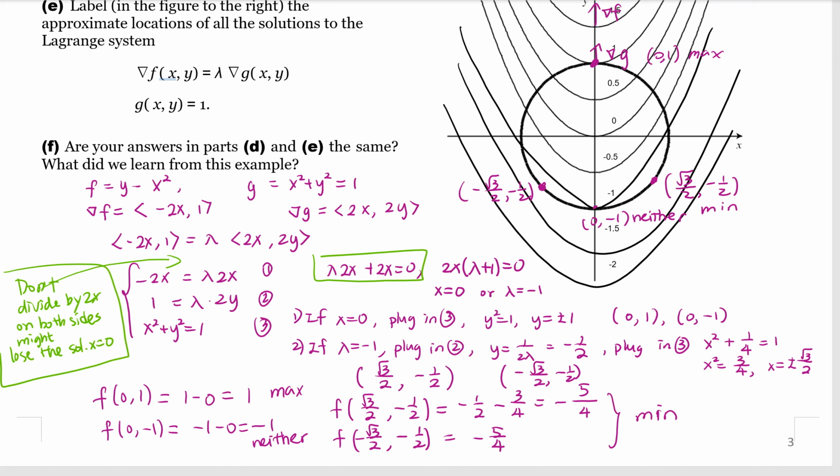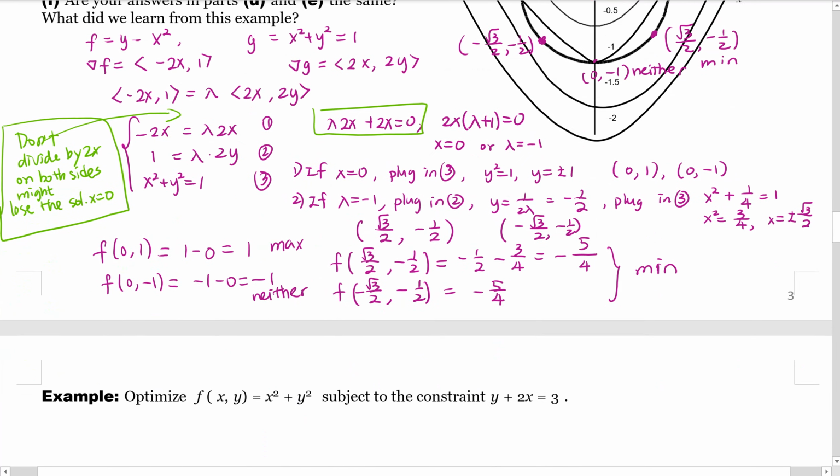Because you can divide by a constant, but you cannot divide by a variable. So the correct way is move all the terms on one side, then factor it. All right, let's continue.